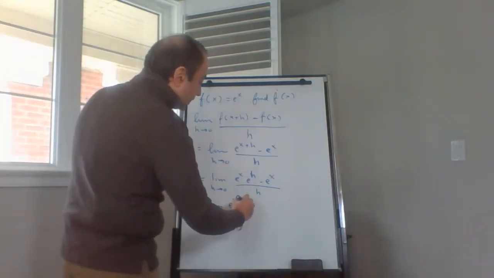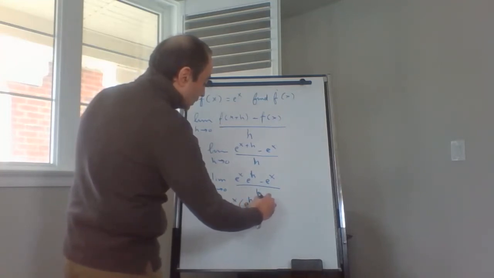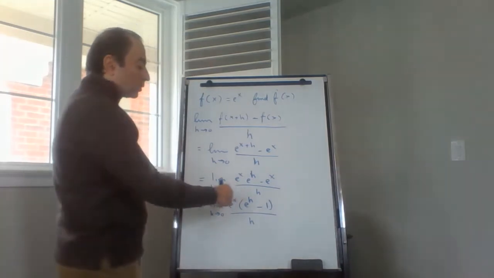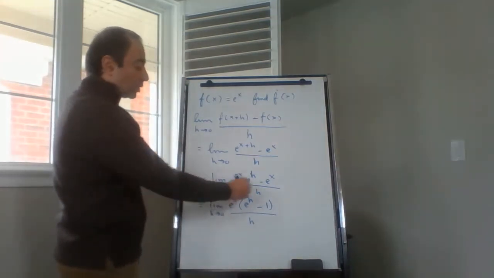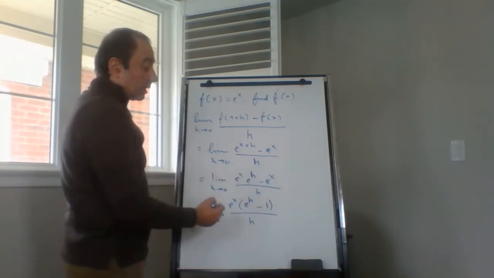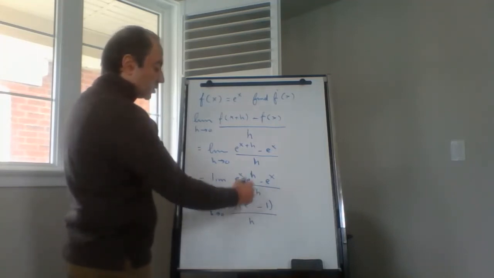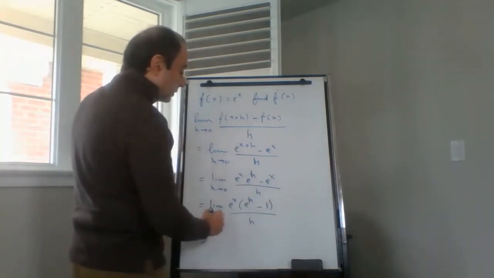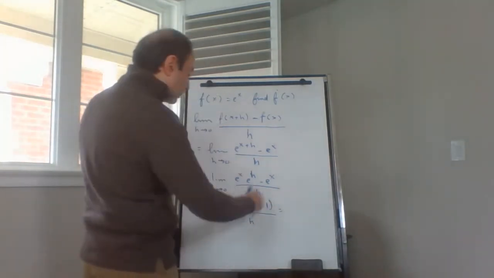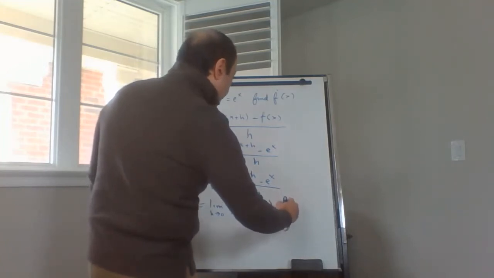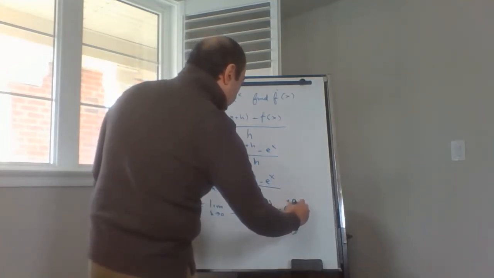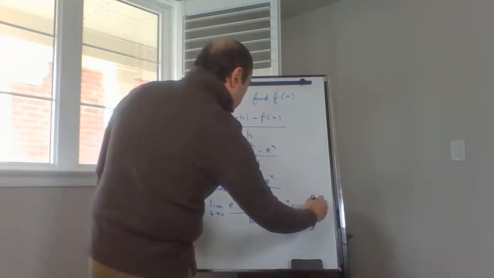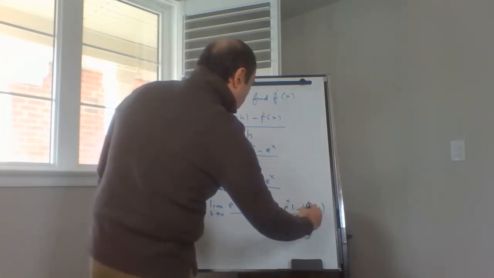This leaves e to the power of h minus, don't forget, 1 over h. e to the power of x will not affect the calculation of the limit, so I can take it out of the limit and find the limit of whatever remains inside: e to the power of x times the limit as h goes to 0 of (e to the power of h minus 1) over h.